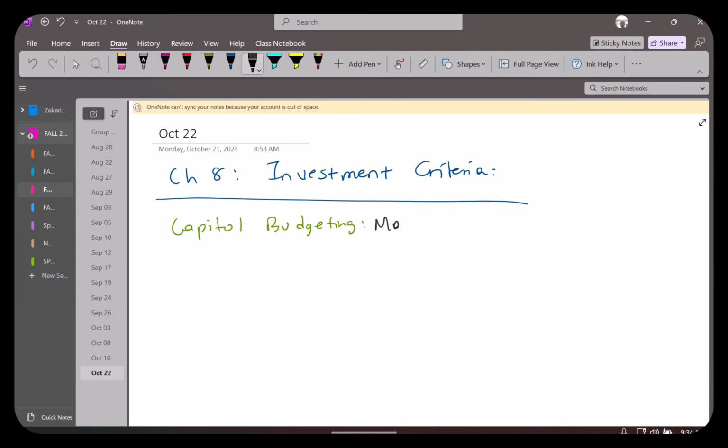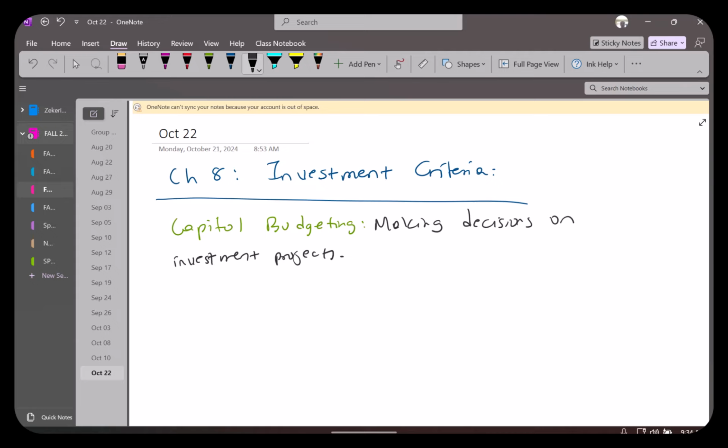It's basically making decisions on investment projects. We're not talking about investments into buying 100 shares of Google. We're talking investments like, do I want to start a new product?